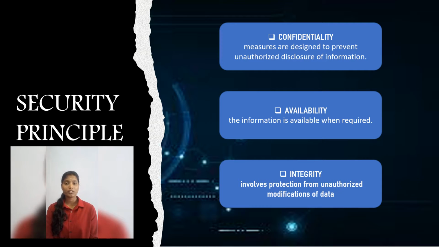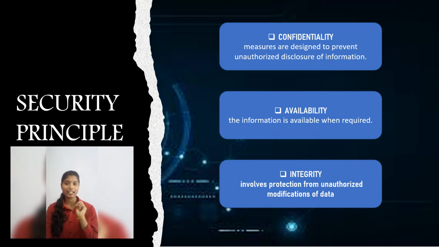The main objective of the confidentiality principle is to ensure that private information remains private and that it can only be viewed or accessed by individuals who need that information in order to complete their job duties.